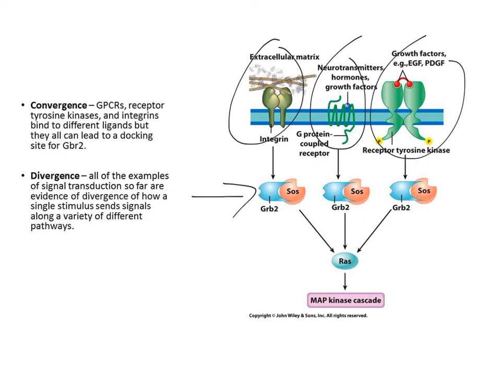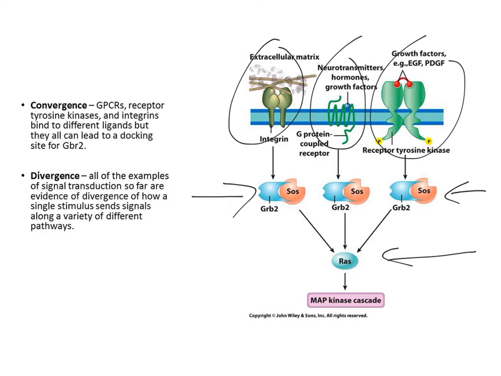If you activate the same type of downstream target, then potentially that could activate another downstream target such as RAS. So GRB2 could be activated by all three different receptors in this case, which ultimately leads to activation of RAS or the MAP kinase pathway.